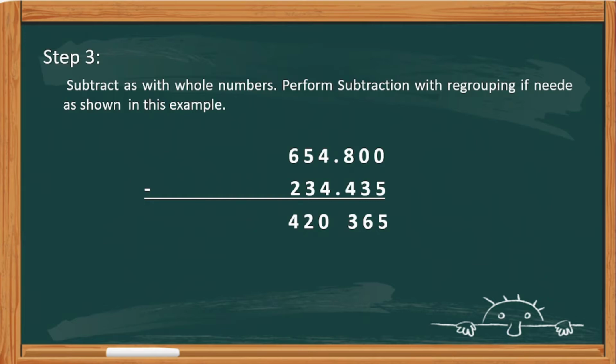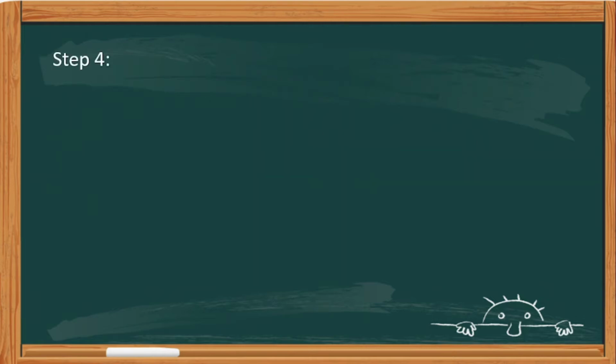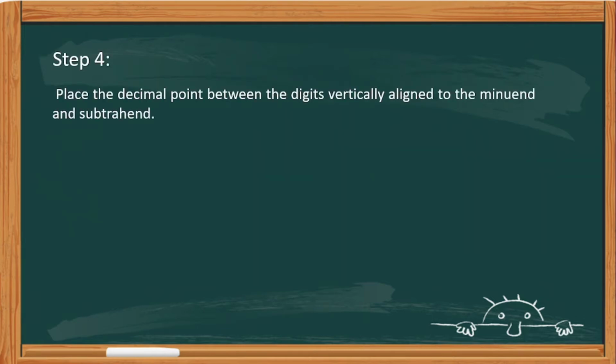654.800 minus 234.435. So the answer is 420.365. You have to place the decimal point. Step 4.